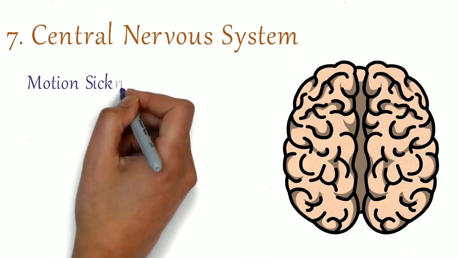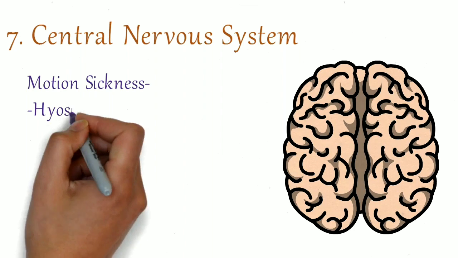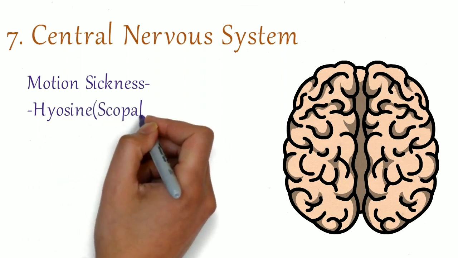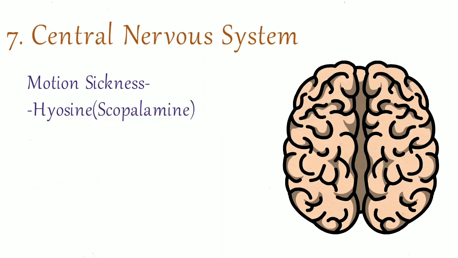When a person is traveling by bus or car, the vestibular system is activated and it stimulates the CTZ, the chemoreceptor trigger zone, which leads to vomiting. To stop this, we give M receptor blockers, that is hyoscine or scopolamine, which will restrict the stimulation of the vestibular system and will not lead to vomiting.